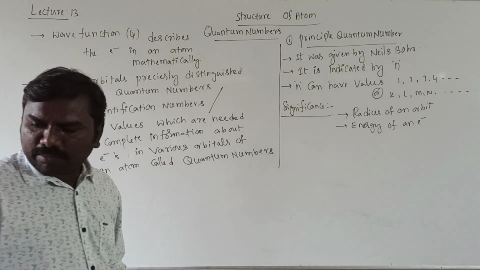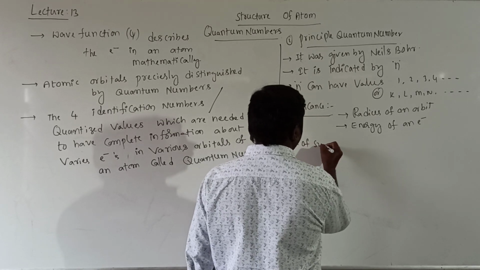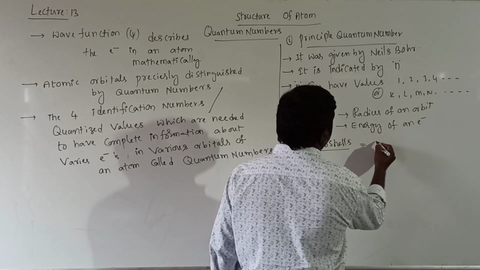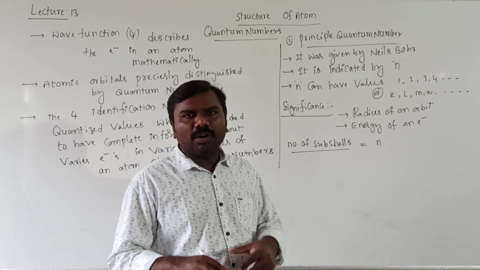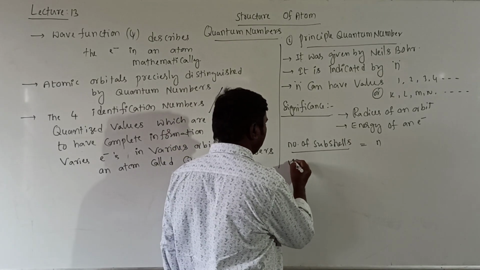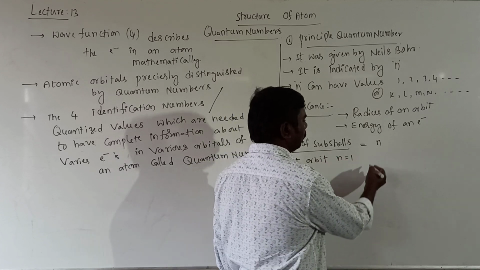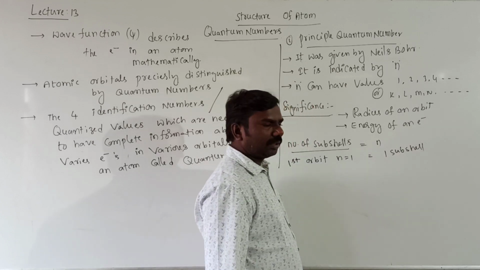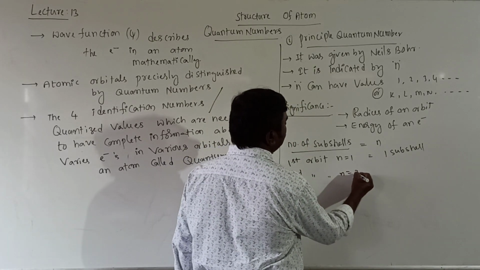Next, the number of subshells is equal to n. In the first orbit, how many subshells are there? n equal to 1, so 1 subshell. Second orbit, n equal to 2.